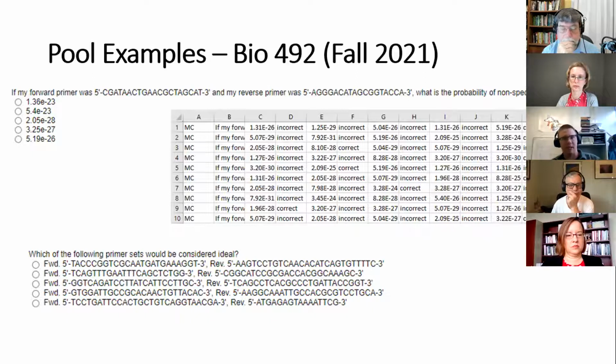This is just some examples of Blackboard pools where the math is really just probability theory, where you count up how many A's, T's, G's, and C's are in this thing and this thing, and you can use some simple probability to calculate this thing called non-specific amplification, which is great for the students.